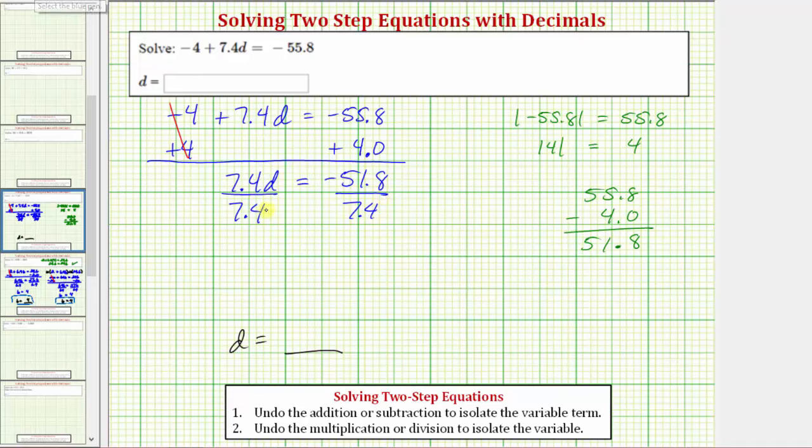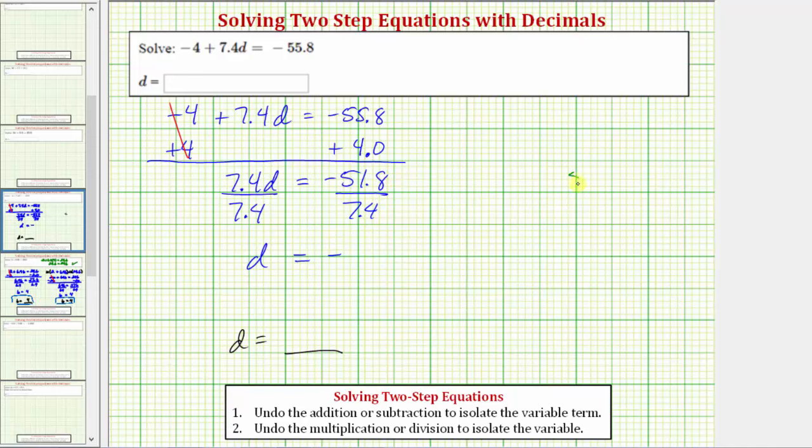On the left side, again, dividing by 7.4 undoes multiplying by 7.4, and therefore the left side simplifies to d, or 7.4 divided by 7.4 is 1. 1 times d is d. On the right side, d is equal to this quotient where we have a negative divided by a positive. So the quotient is going to be negative. So let's put a negative sign in our solution, and now we'll just find the quotient of 51.8 and 7.4.